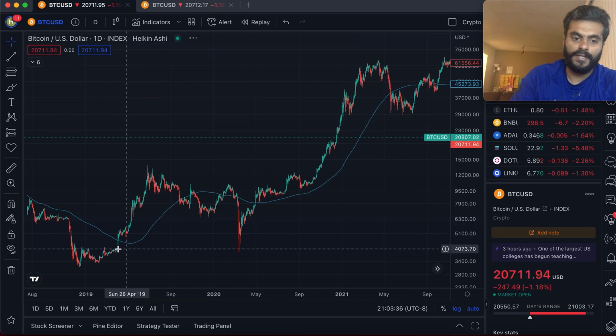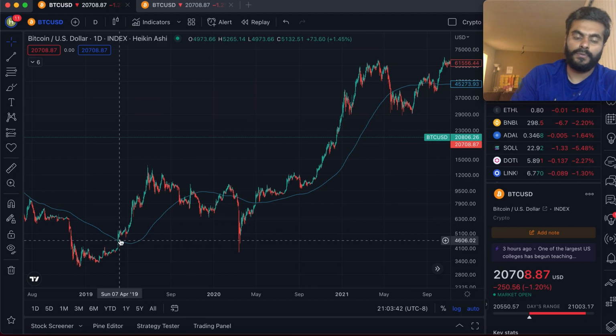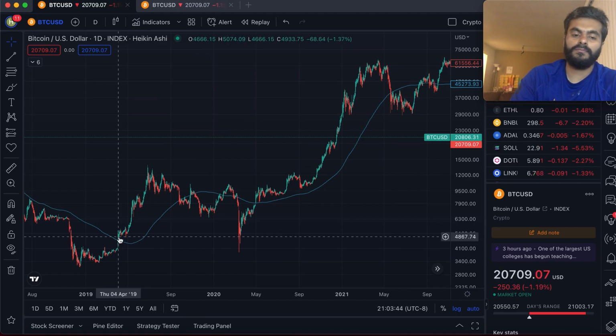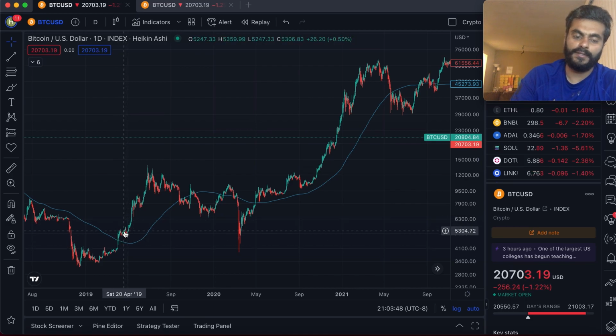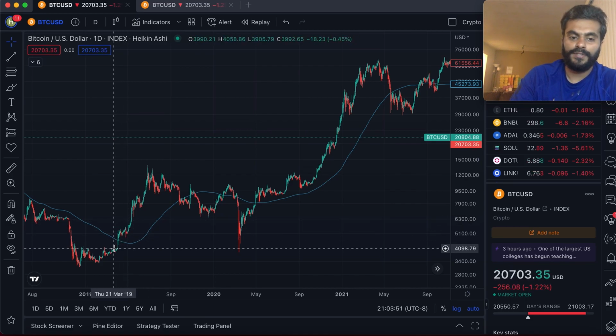And we can also see in 2019, when the price broke this resistance and rallied against it, Bitcoin had almost a 4x or 3.5x in a short time.